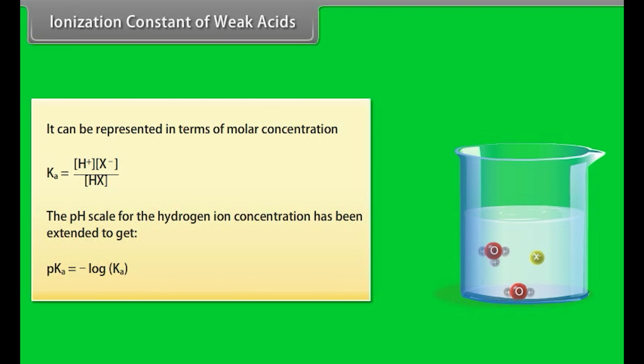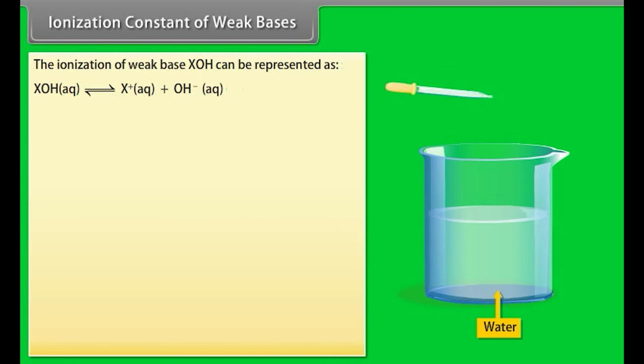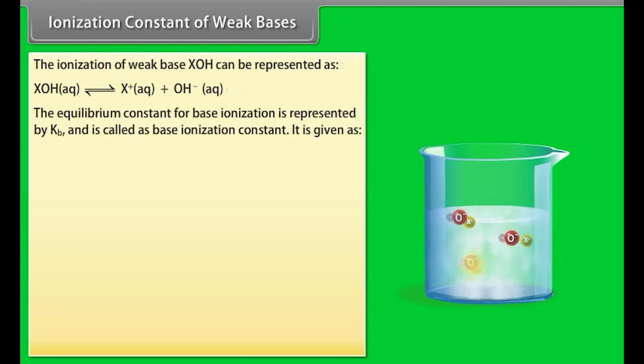The pH scale for the hydrogen ion concentration has been extended to get ionization constant of weak bases. The ionization of weak base XOH can be represented as: the equilibrium constant for base ionization is represented by Kb and is called as base ionization constant.